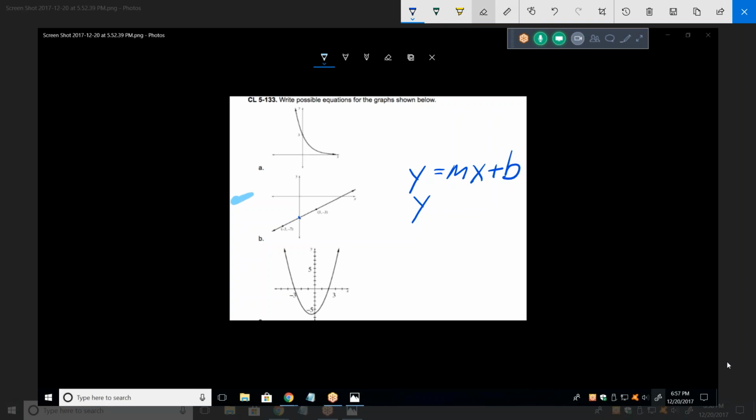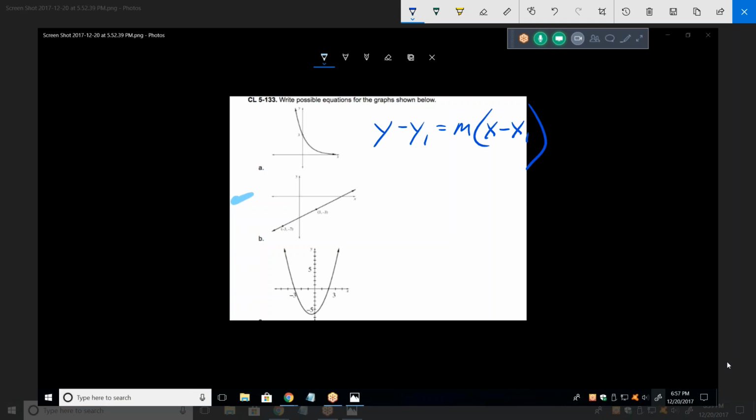Okay, so let's figure out the slope. It's kind of tough because I can't read the coordinates. I'll give them to you. Let's start with y minus y1 equals m times x minus x1. In other words, we're not going to use slope-intercept format because we don't know what the intercept is.